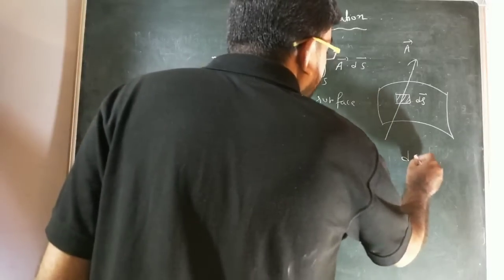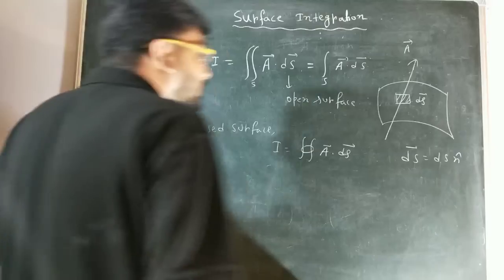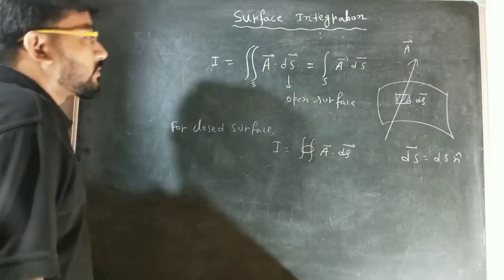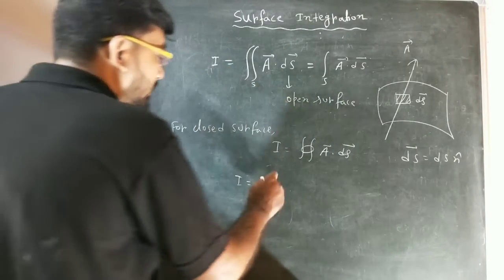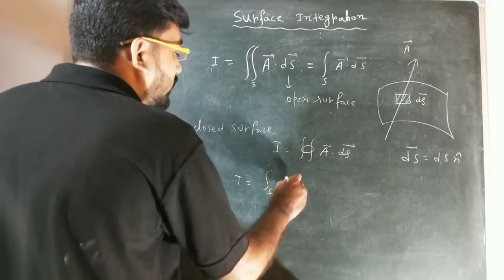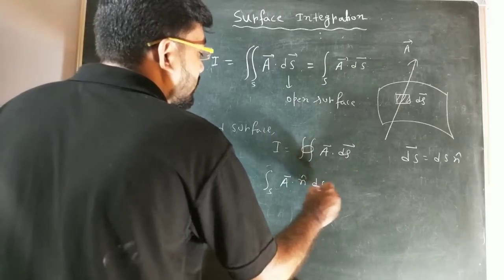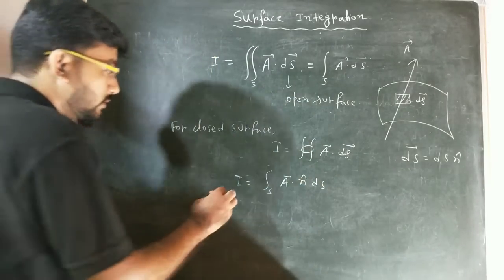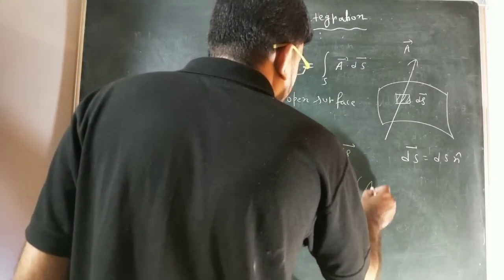So ds can be written as its magnitude and its unit vector, that is ds n cap, okay. So sometimes you can write this integration in terms of n cap also, that is the surface integral of A dot ds means A dot n cap ds, okay.